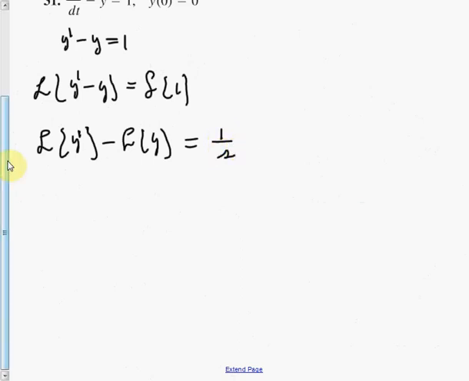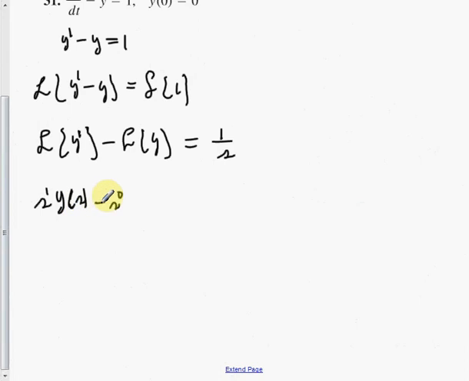Now, according to that theory that we just looked at, this Laplace transform of y prime, y to the first, where n is 1, this becomes s times f of s minus, this is s to the first, so that next will be minus s to the 0, which you don't even have to write. And this is times, and if it's okay, since they're using y, I'm going to use y as well. Capital Y is the same thing here as capital F.